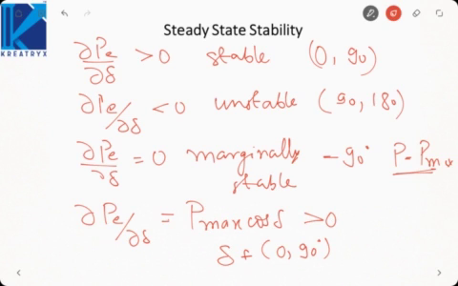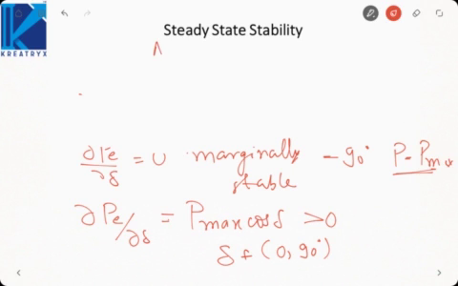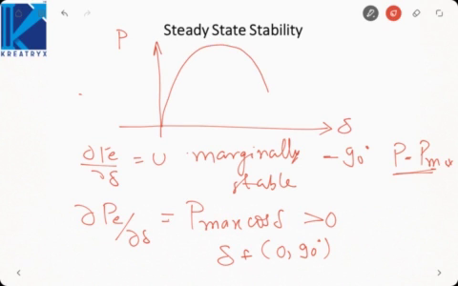Because if you try to draw power more than P max, then the system will become unstable or it will lose synchronism. If we understand this in terms of the power angle curve, this region is stable and the rest of the region is unstable, and δ equal to 90 is marginally stable, or that is the limit of the stability.